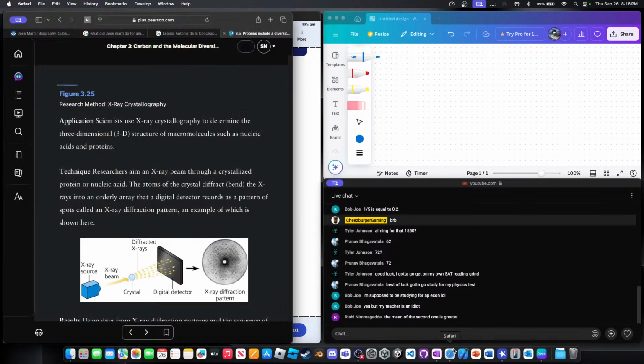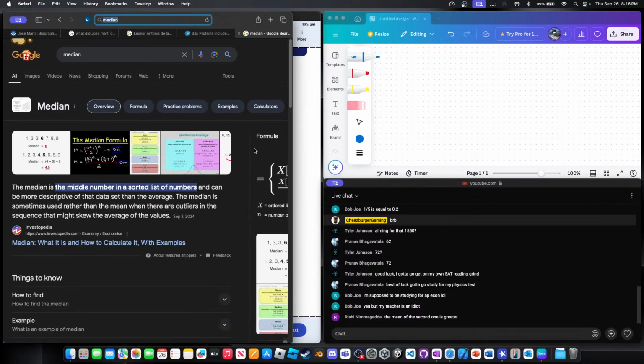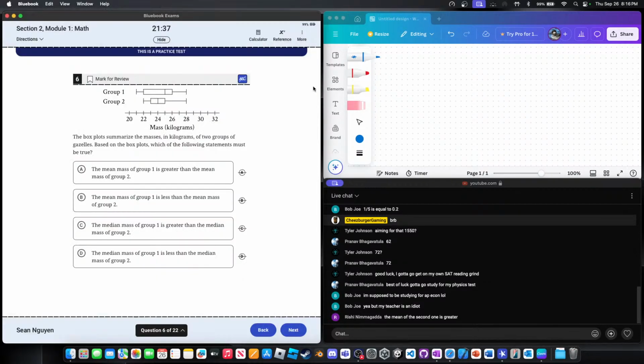What's median again? Okay, so median is the middle number. Well, the middle number is... I think the median will be greater here. Right? Yeah, it's going to be greater.